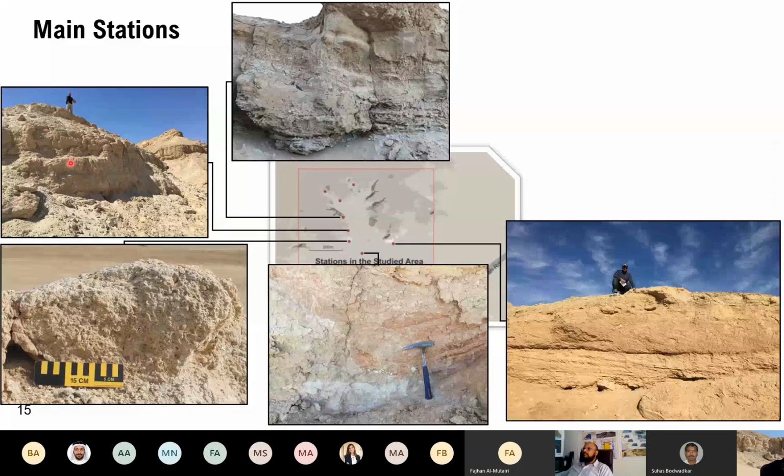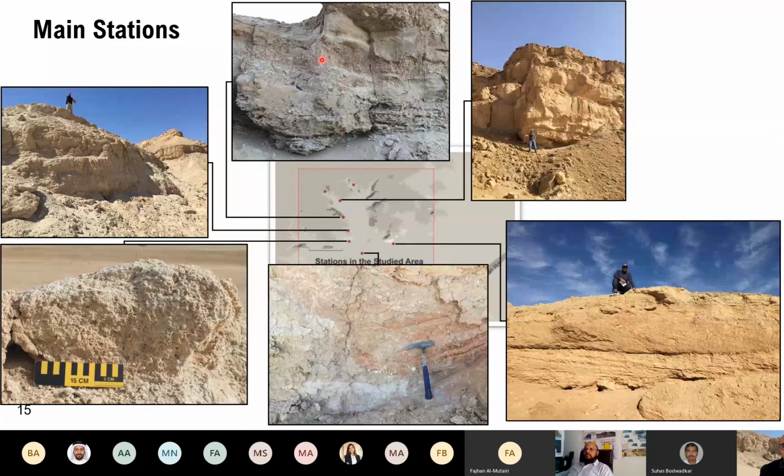You cannot see any cross bedding, or clear bedding structure inside these facies. But when you move upward to that unit, which is zoomed in here, you will see a different facies, totally different in nature in terms of contacts and erosional basal boundaries. All the facies are different, and Ayman will be speaking about that in the upcoming slides.